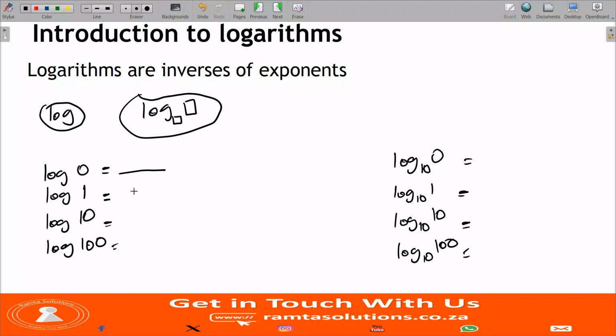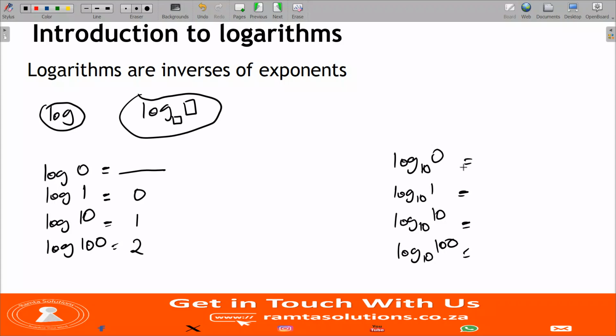Now let's go to log 1. Your calculator will return 0. Let's go to log 10. The calculator returns 1. Let's go to log 100. Your calculator returns 2. Perfect.